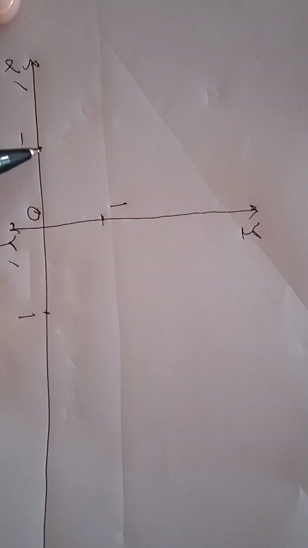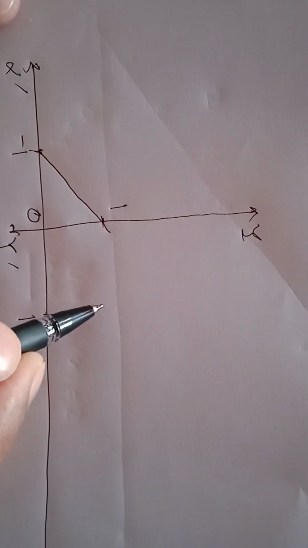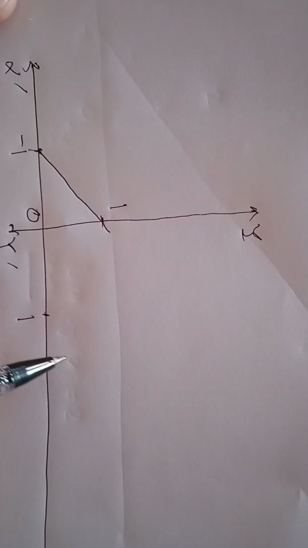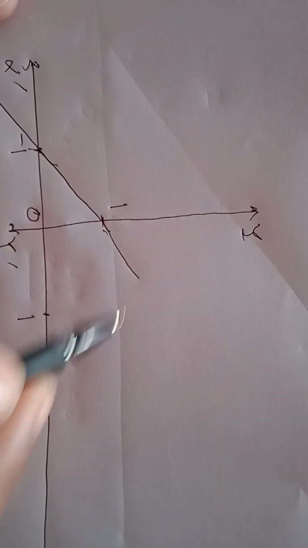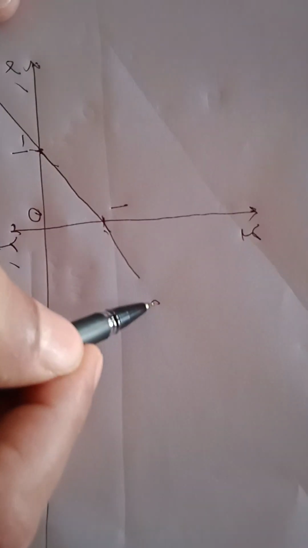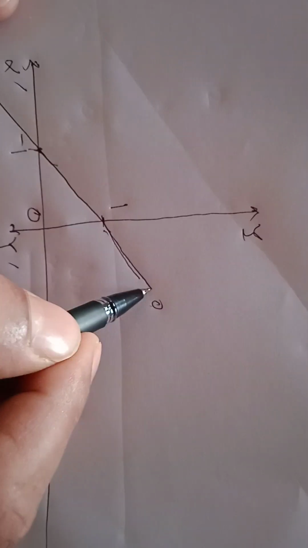The function is not defined at x equals 1, so there should be a hole at that point.